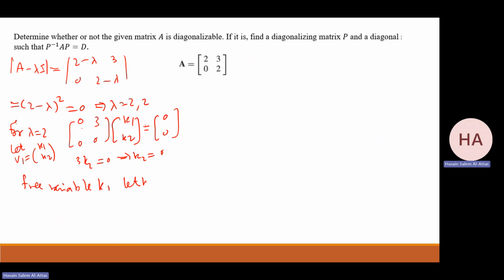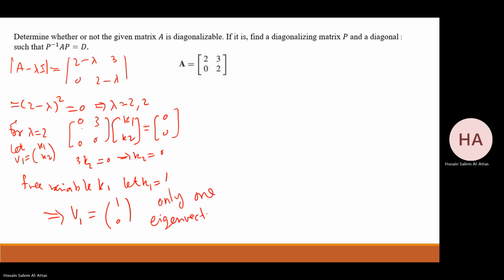So let K1 equal 1. So I have only one vector, which is 1, 0. Only one eigenvector. But I have two eigenvalues. So A is not diagonalizable.